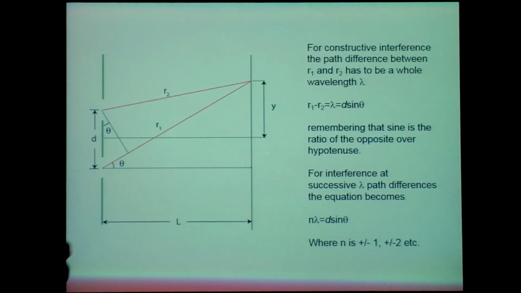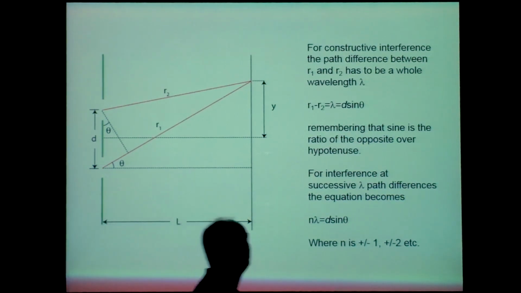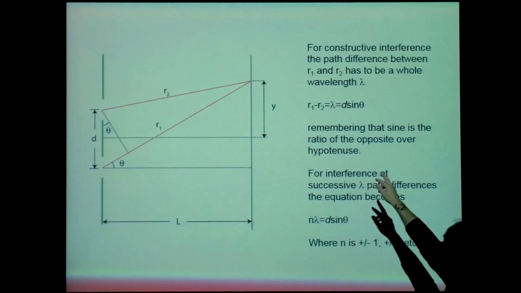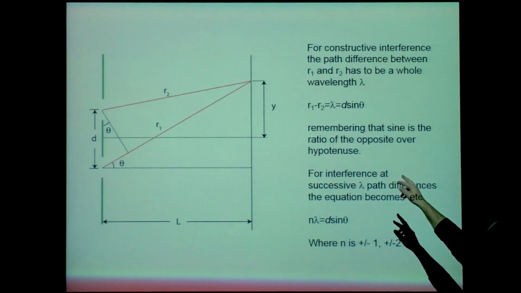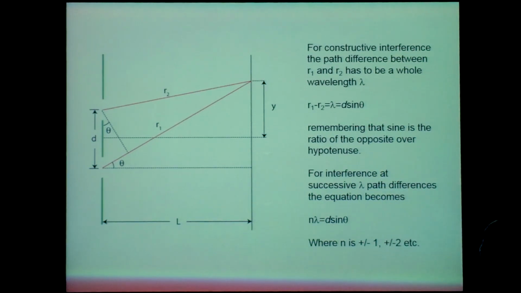So this is a very simple geometric calculation. You've got one distance, R1, you've got another distance, R2, and for a certain angle, R1 will be exactly one wavelength longer than R2. And if you do the geometry, your condition is that R1 minus R2 is equal to lambda, one whole wavelength.